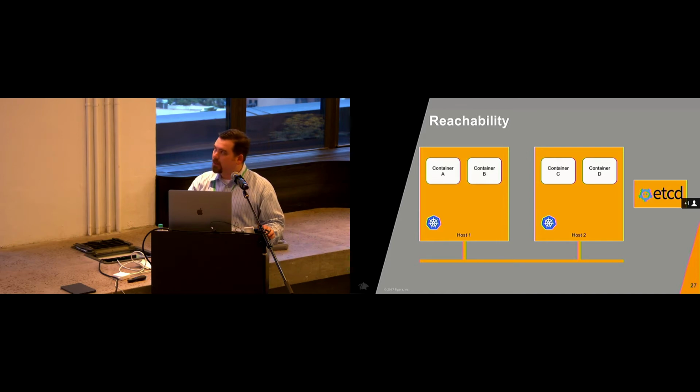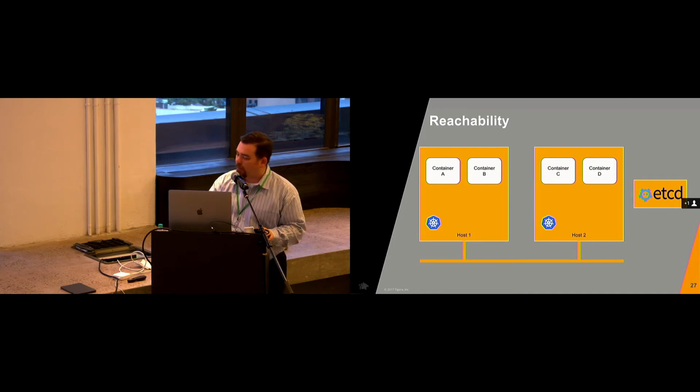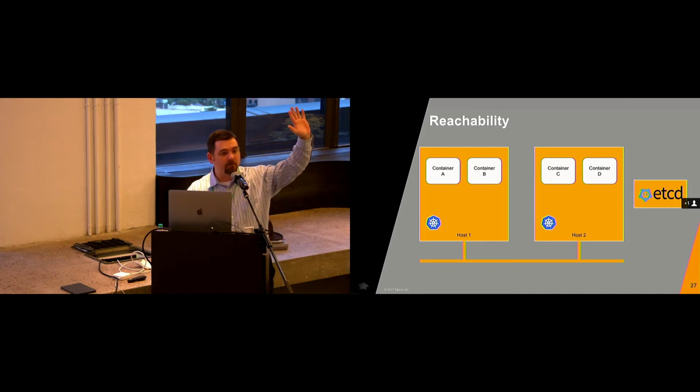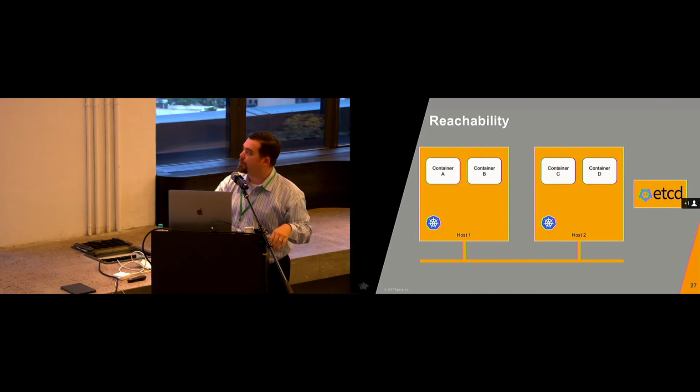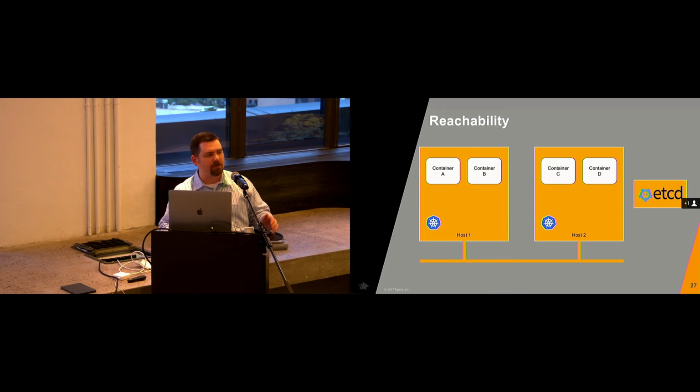So the way that we do this is we introduce a distributed key value database. Familiar with etcd? Similar to something like Zookeeper, and there's a couple others out there, Consul, for example, but we use etcd. In our newer versions of Project Calico, we actually also support using custom resource definitions.